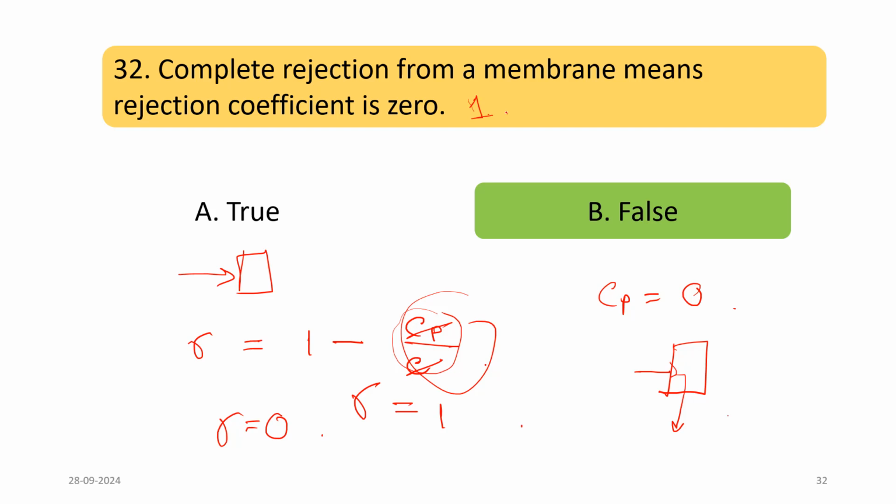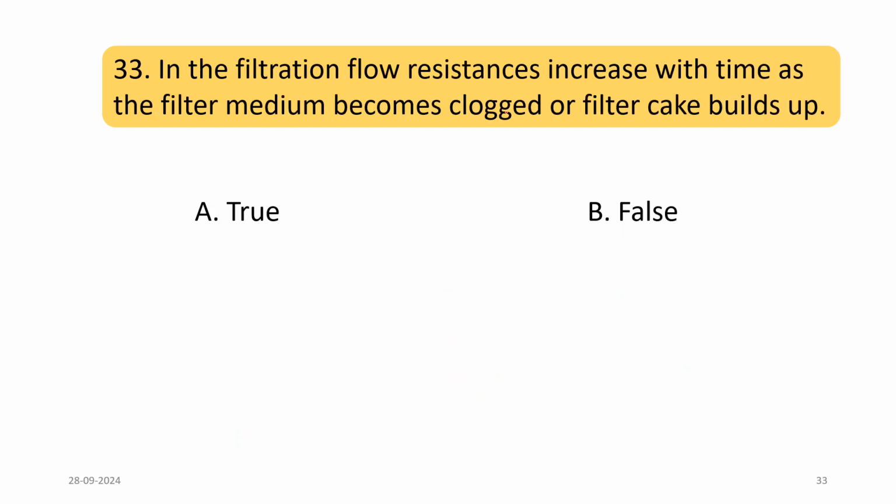So that is clear from the fouling itself, that when the filter medium becomes clogged due to repeated deposition of the dust particles or solid particles, that is narrowing the pore size or somewhere blocking the pores.